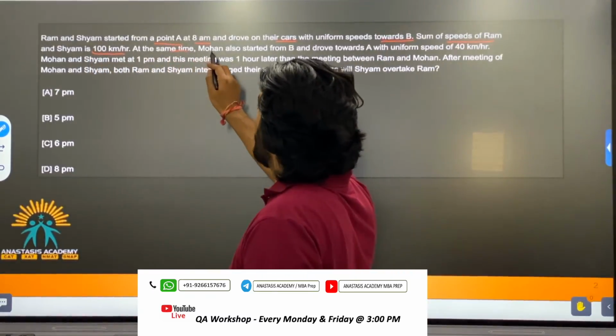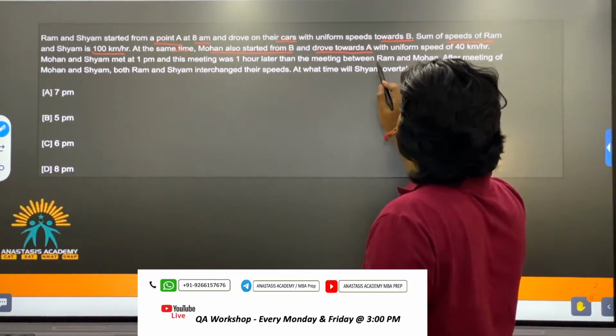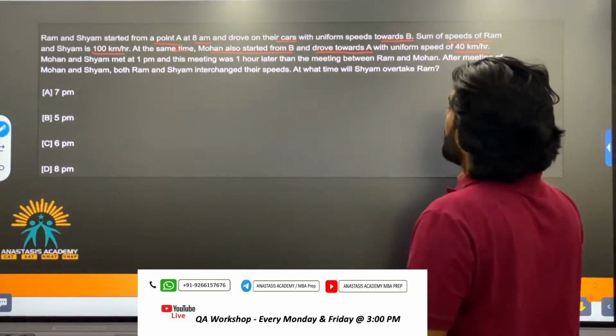At the same time, Mohan also started from B and drove towards A with uniform speed of 40 km per hour.